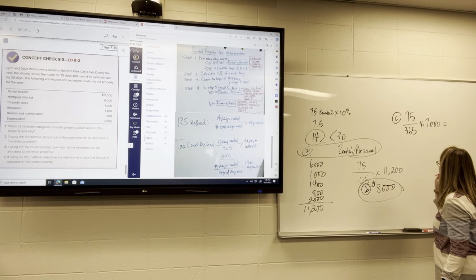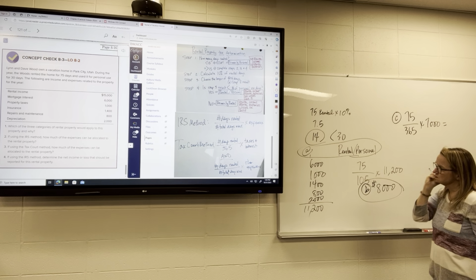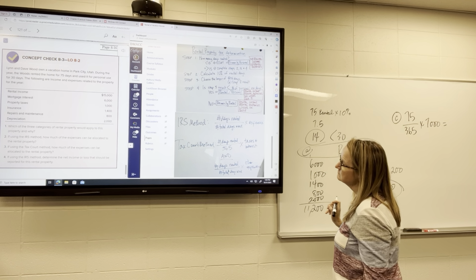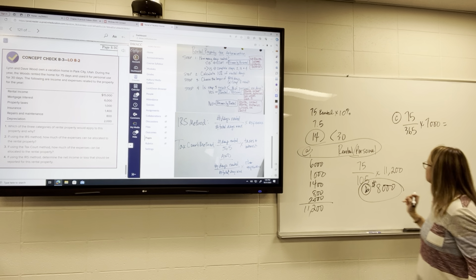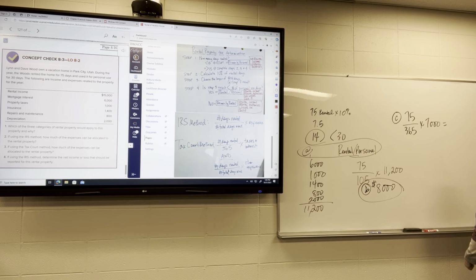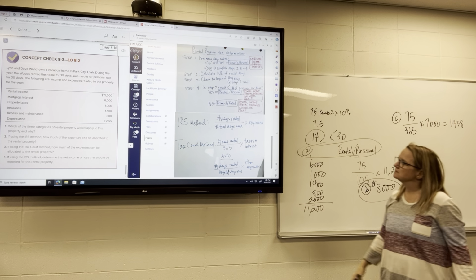How much is that? Do you want it rounded to a whole number? Whole number's fine. 1,438. Okay, so that's the mortgage and interest.